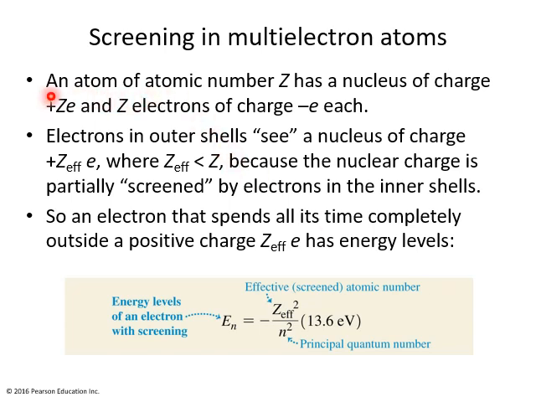So to extend that just a little bit, an atom of atomic number Z has nuclear charge of Z times the electron charge, and then it has Z electrons of charge minus e each. Electrons in the outer shell see a nuclear charge of Z effective, where 1 is less than Z effective is less than the actual nuclear charge Z, because that charge is screened by the electrons of the inner shells.